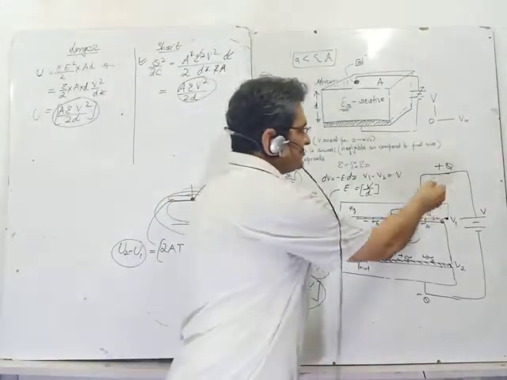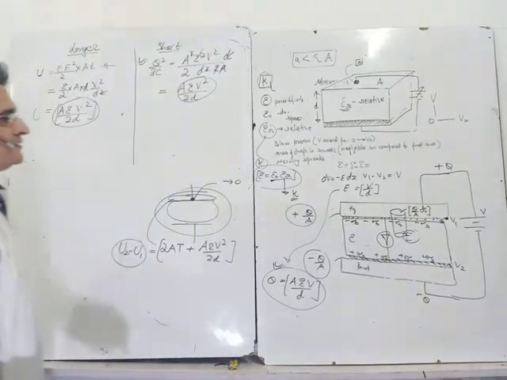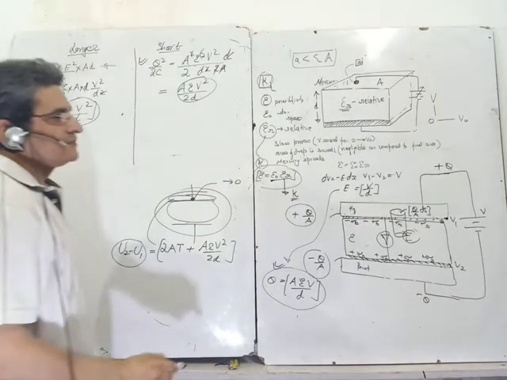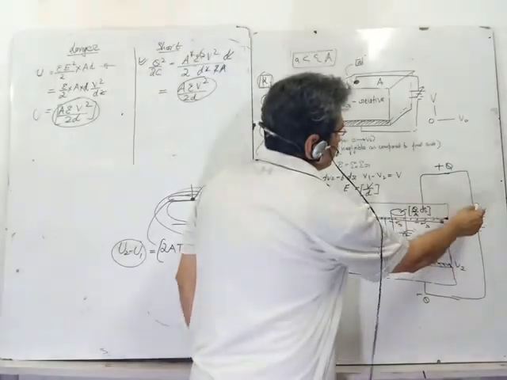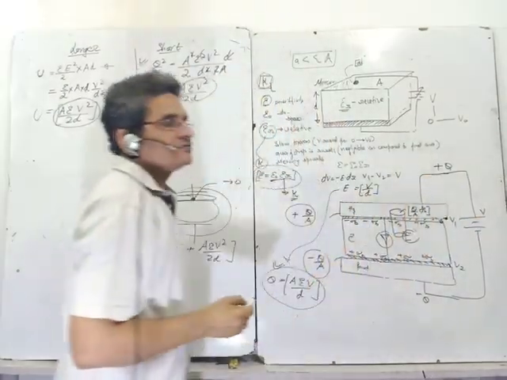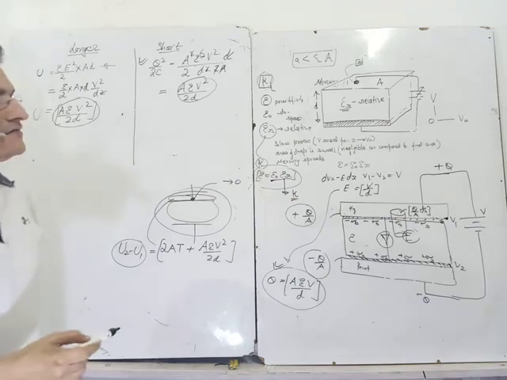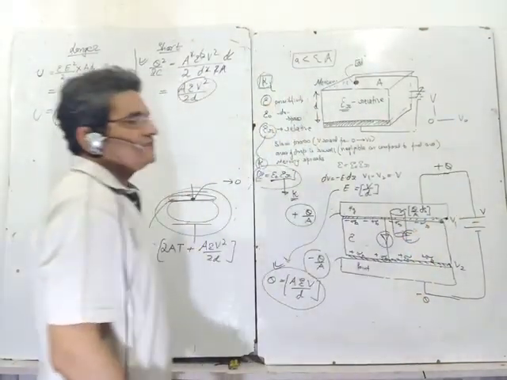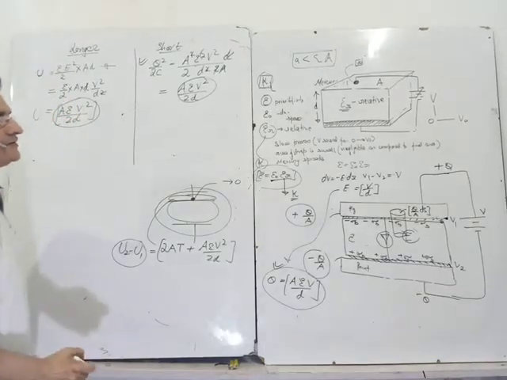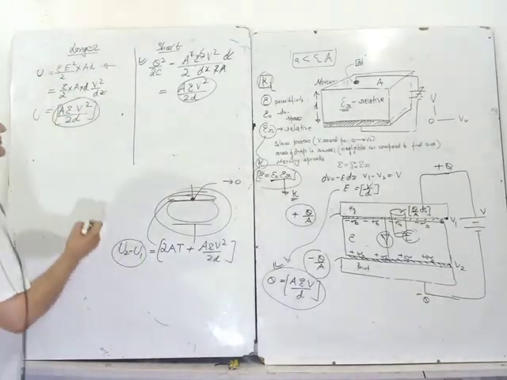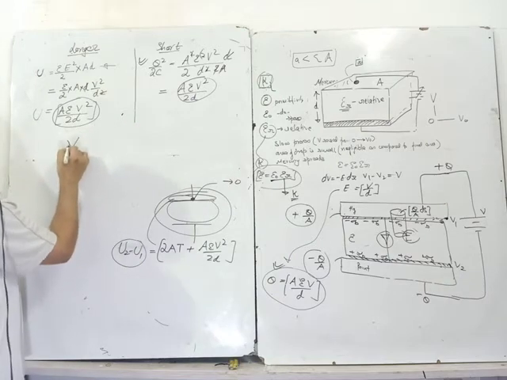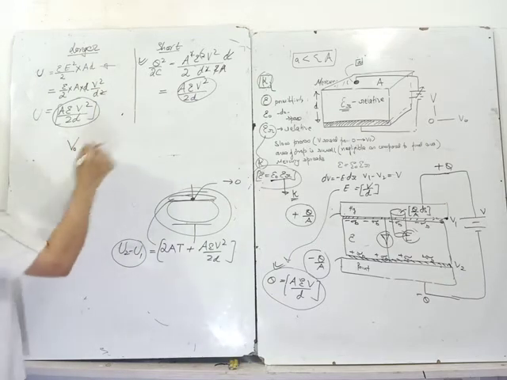And this is the energy from where it has come. The battery has supplied that energy. How has the battery supplied that energy? The battery supplied that energy based on the charge which flows through the battery. And when it is said that charge flows very slowly, and we have reached the value of V0, the energy supplied by the battery is Q times V0, the voltage which I have achieved.